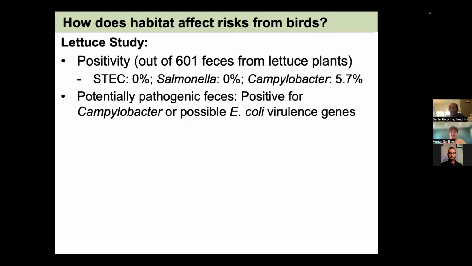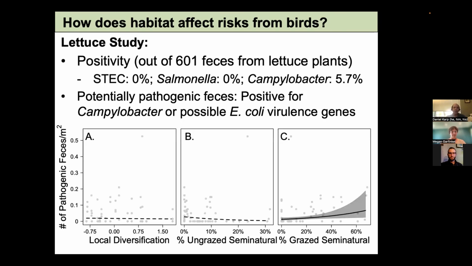So what we did then is we did some transects and noted the density of these feces that were potentially pathogenic, having any of these potential virulence genes or Campylobacter in them. And here what you see is how the density of that pathogenic feces changes as a function of local diversification, the amount of ungrazed semi-natural habitat, and the amount of grazed semi-natural habitat.